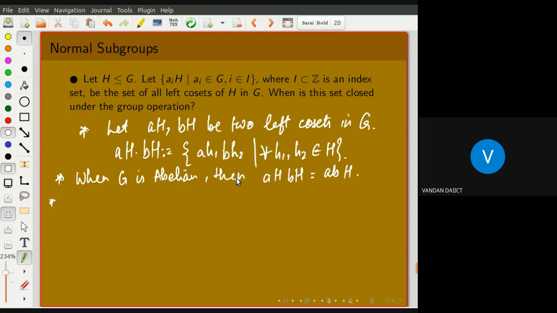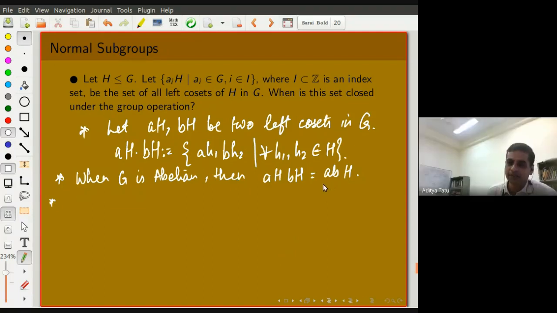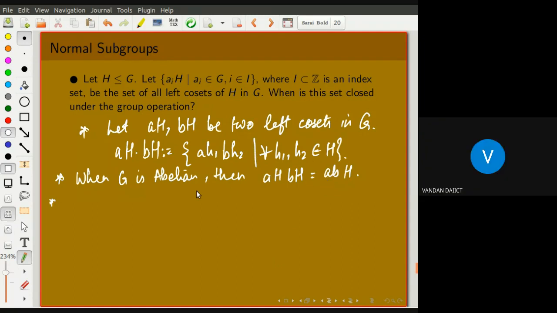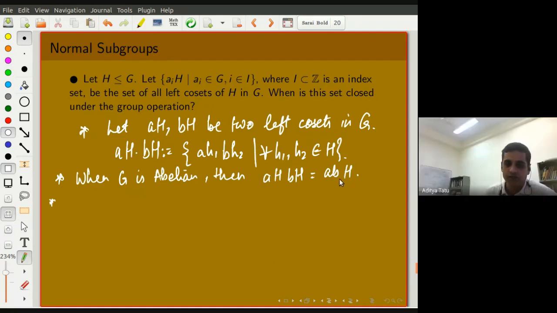If G is abelian, then this is true for sure. But if this is true, can you show that G is abelian?